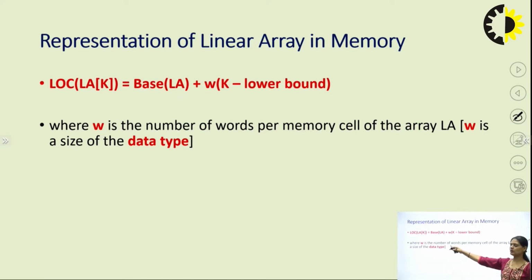Here W is the number of words per memory cell of the array LA, and W is the size of the data type. If we are storing characters, each character takes 1 byte of memory, so there W is equal to 1. So W is the number of bytes that each memory element takes.